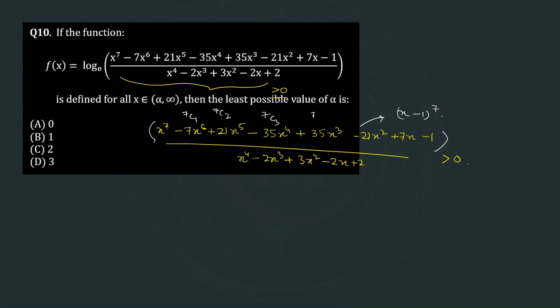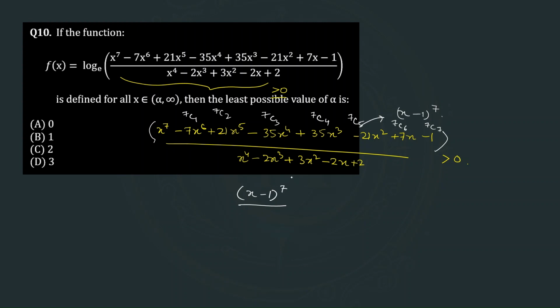And then again, this can be written as 7C3 or equivalently 7C4. This can be written as 7C5. This can be written as 7C6. Then it is 7C7. So if you expand this x minus 1 whole to the power 7, you will get the exact same expression as the numerator. So this numerator is x minus 1 whole to the power 7.